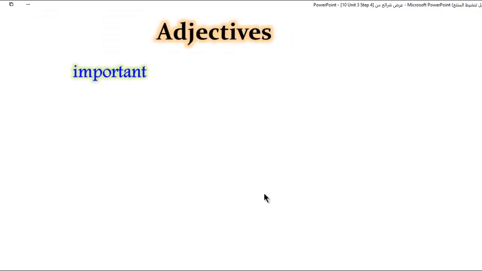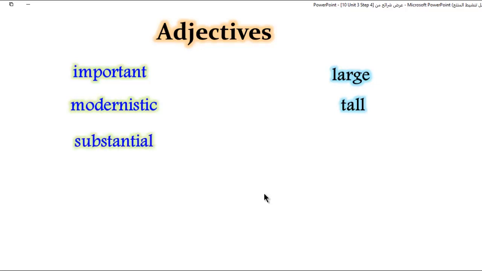Note these two groups of adjectives: important and large, modernistic and tall, substantial and busy. What's the difference between these two groups? Yes, excellent.